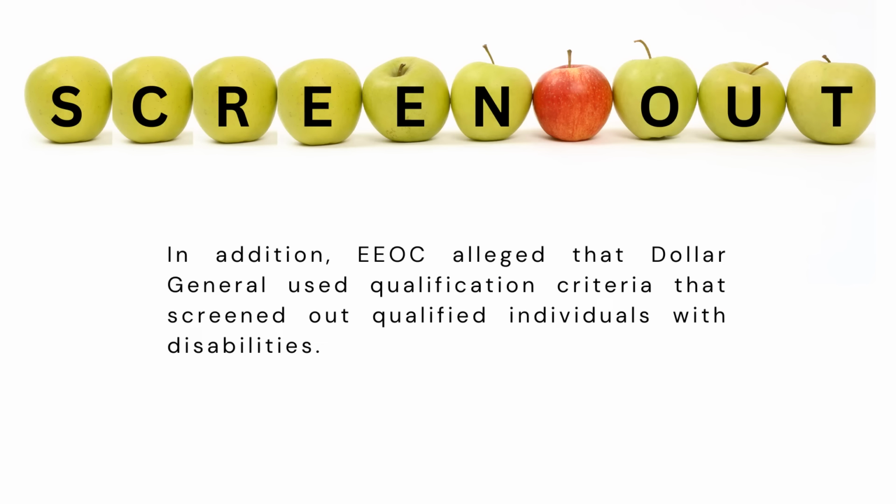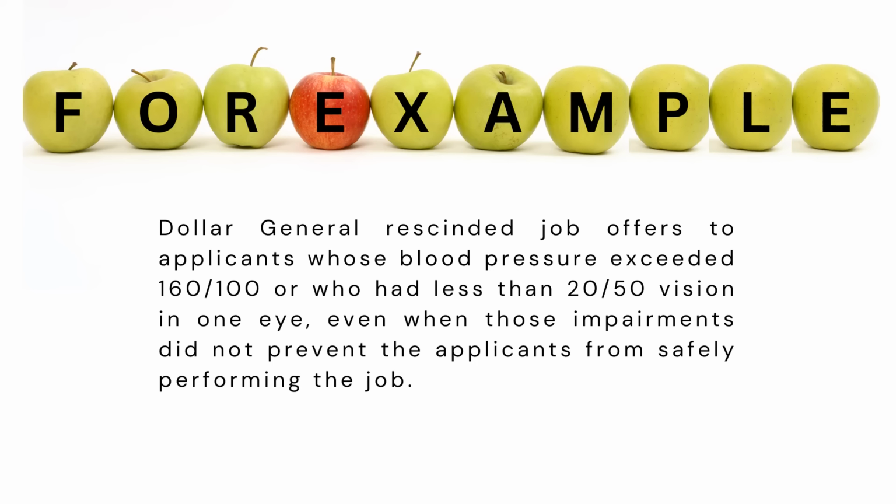In addition, EEOC alleged that Dollar General used qualification criteria that screened out qualified individuals with disabilities. For example, Dollar General rescinded job offers to applicants whose blood pressure exceeded 160/100 or who had less than 20/50 vision in one eye, even when those impairments did not prevent the applicants from safely performing the job.